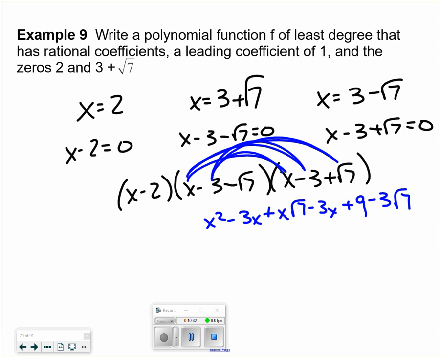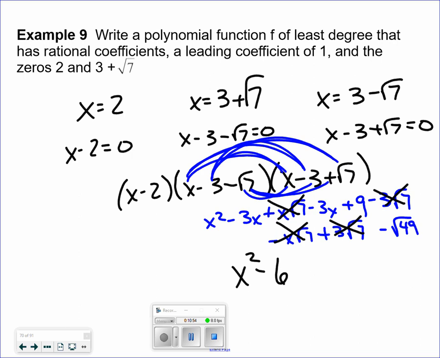And then the last one, negative square root of 7 times x, positive 3 square root of 7, and negative square root of 49. Here's what you're going to notice. Anytime there's an irrational one, it cancels. So when you multiply by the conjugate, and by the way, this is 7, you will always get rid of the radical.